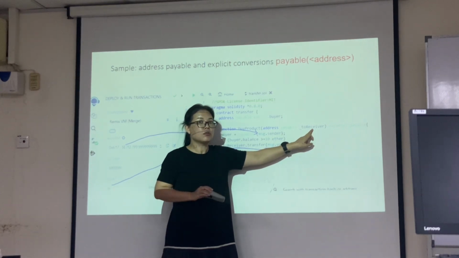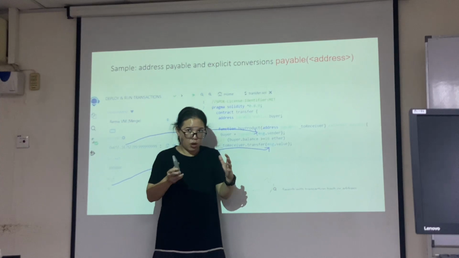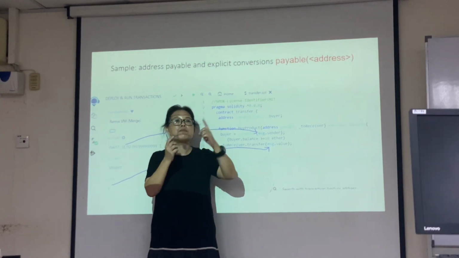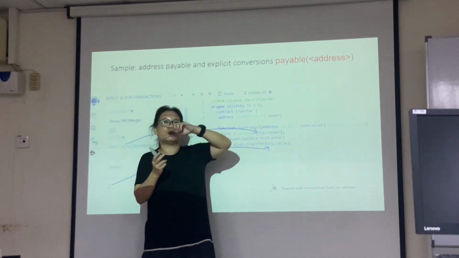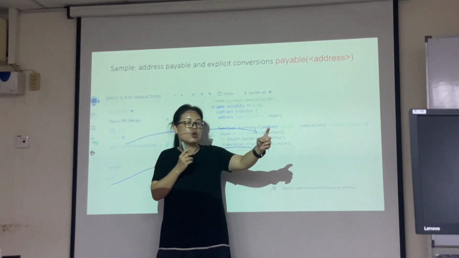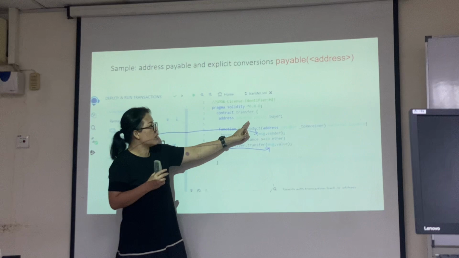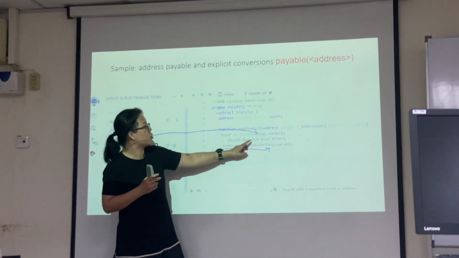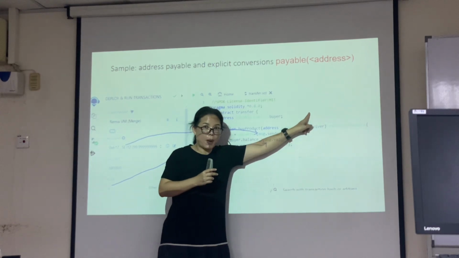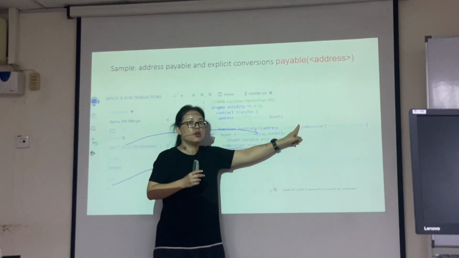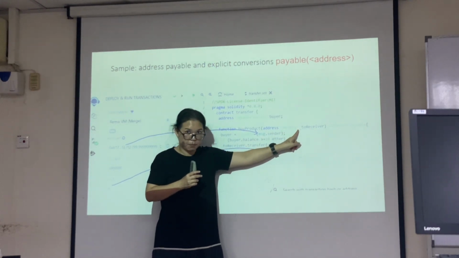Because now the money is not kept inside the contract. It's transferred from one EOA account to another EOA account. So that's why you can see over here I have this particular call to receiver. I need to pass in who should receive the money.